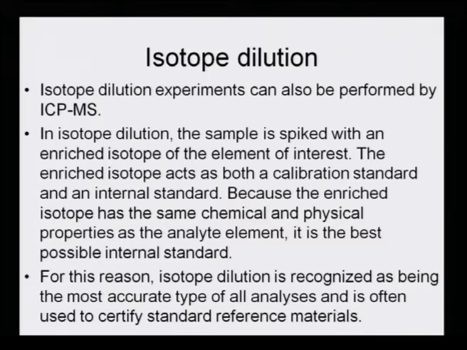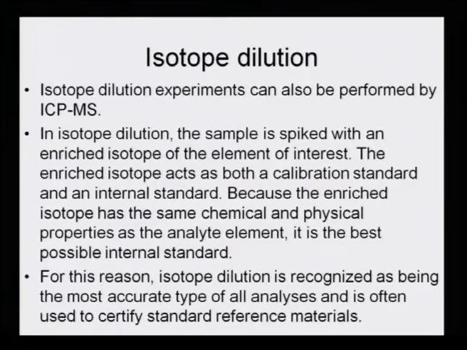Why? Because one particular isotope is spiked, added additionally into the sample. So, that particular isotope will get enhanced in its concentration. So, it will behave both like a calibration standard as well as an internal standard.